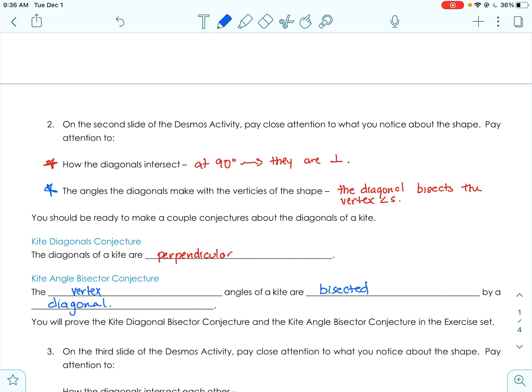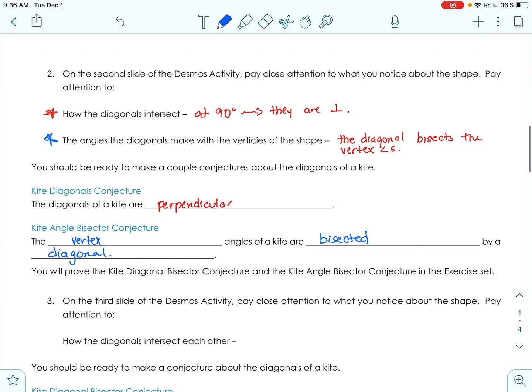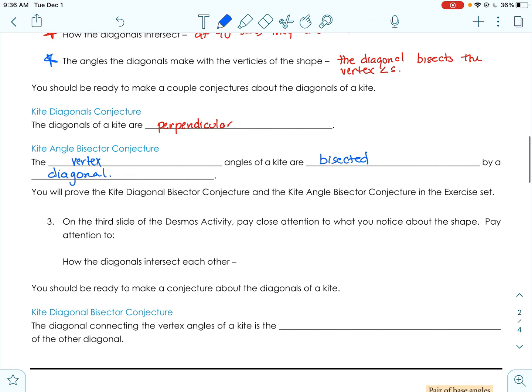Okay, and again, that means that we now know that if we have a kite, if you draw the diagonal, you bisect the two vertex angles.